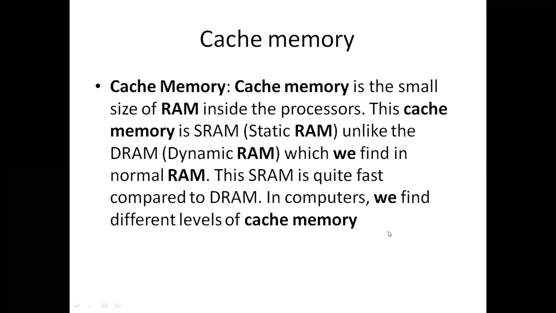I will explain in practical form what the cache memory is. For example, you access a song on your computer. For accessing the song, it will go to the CPU. The CPU is a processor.